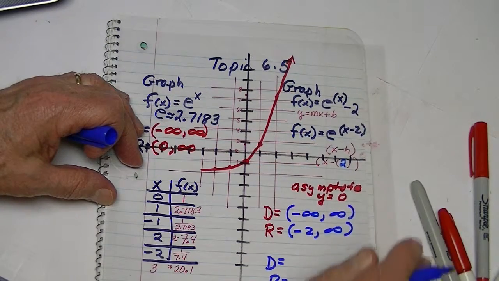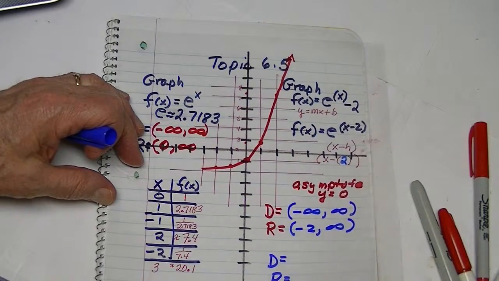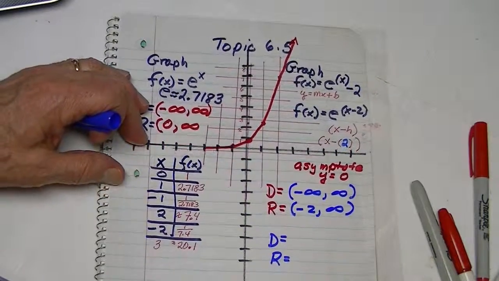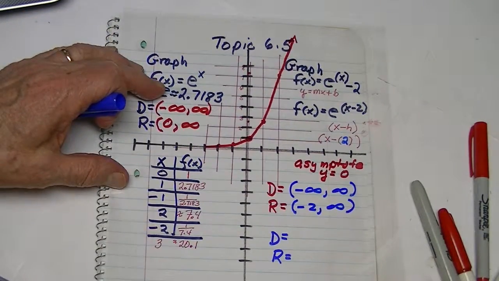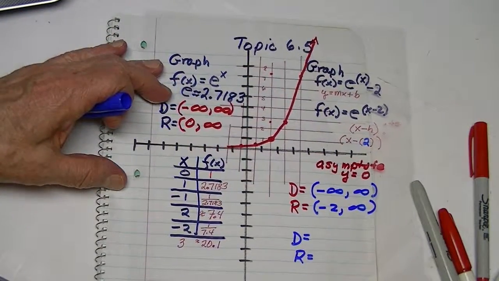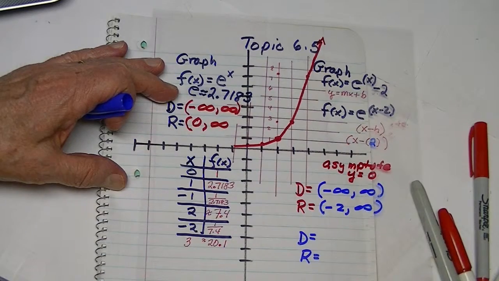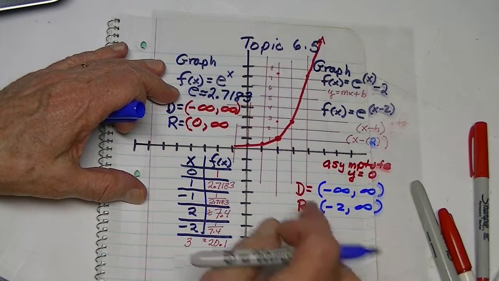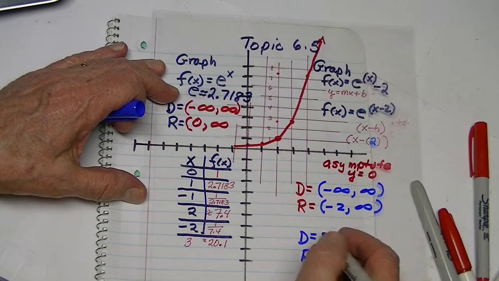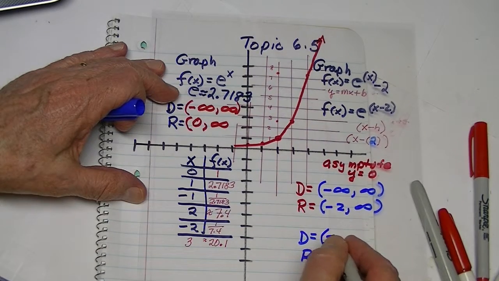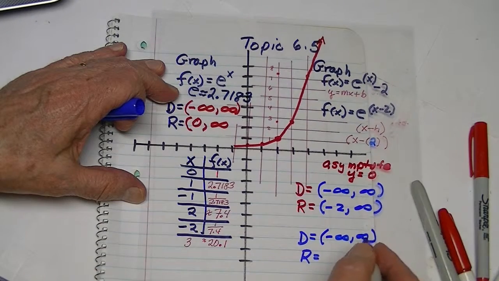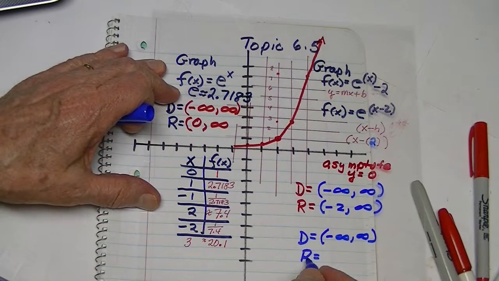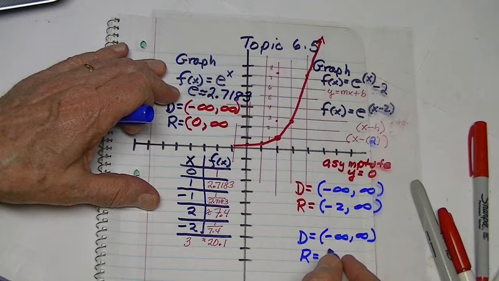Now, when we do this other one, again, starting from the original position, that's this one, and we shift it over 2 places, like so. Here, our domain is still negative infinity to positive infinity, and our range stays the same.